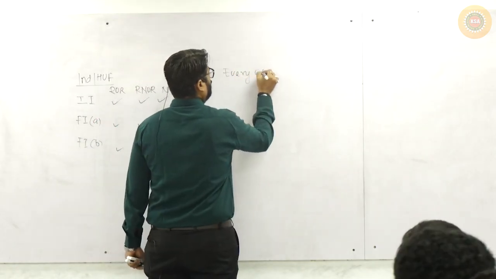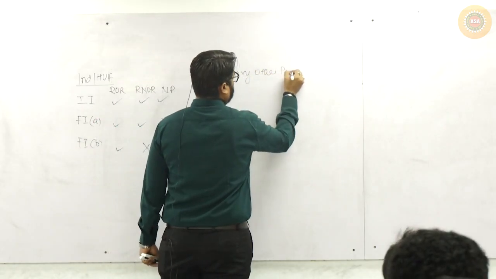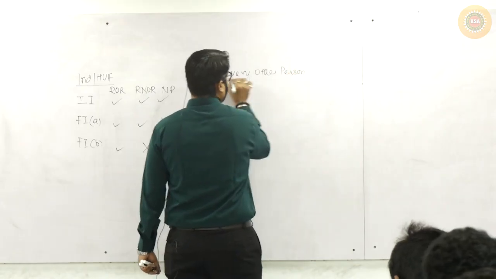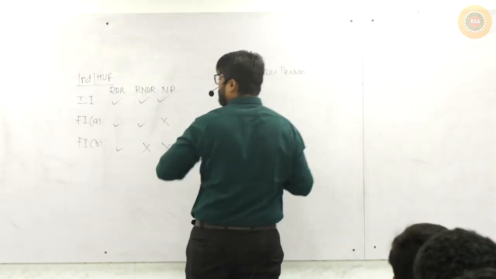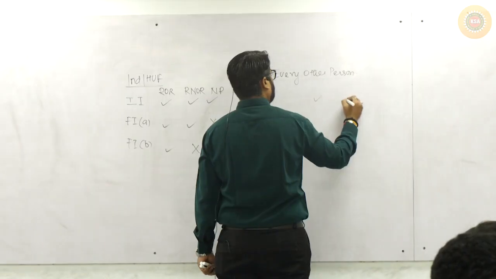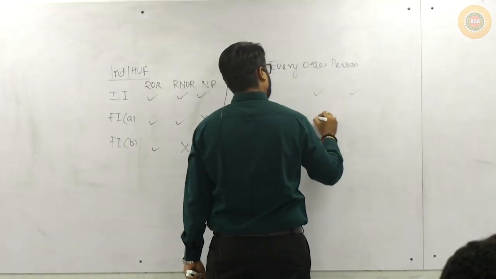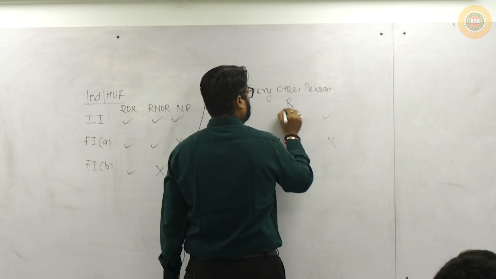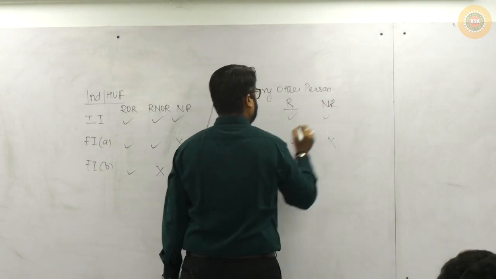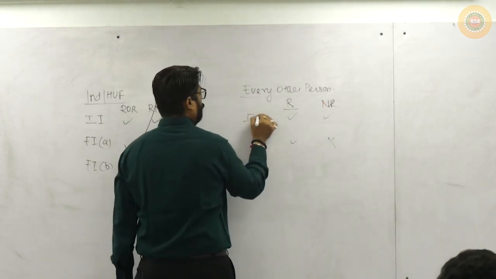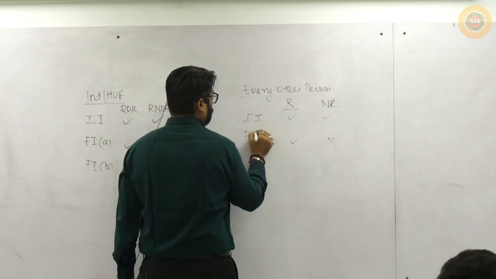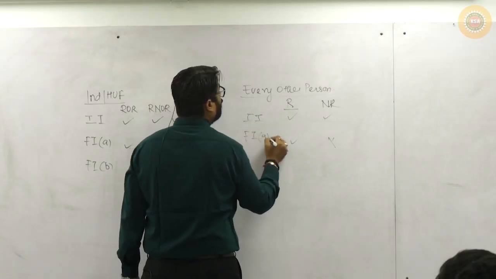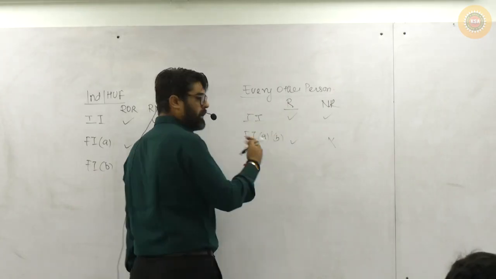Next one, every other person. For every other person other than individual and HUF, what did we do? Take, then take cross. First one for resident, second one for non-resident. First income, Indian income. Second income, foreign income, whether A or B. All the foreign incomes will be covered.